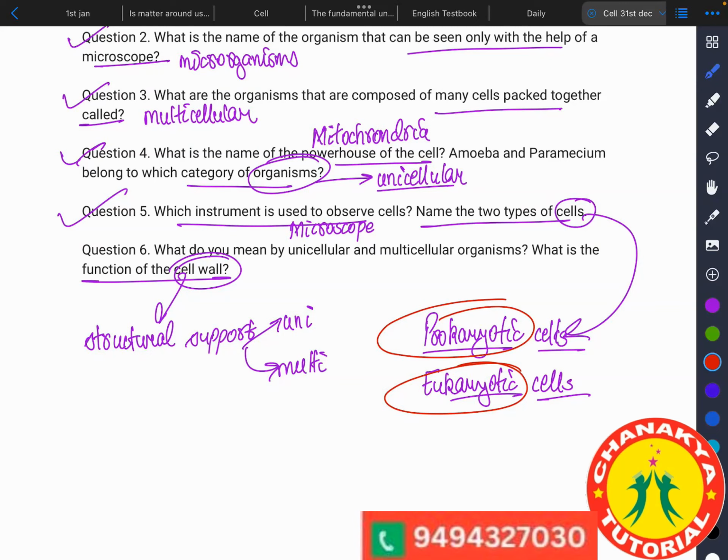Seaweed. Yes, seaweeds and others also. So can you tell how they are able to survive inside water? Because of the cell wall. Yes, that is correct. Any more deep explanation about it?